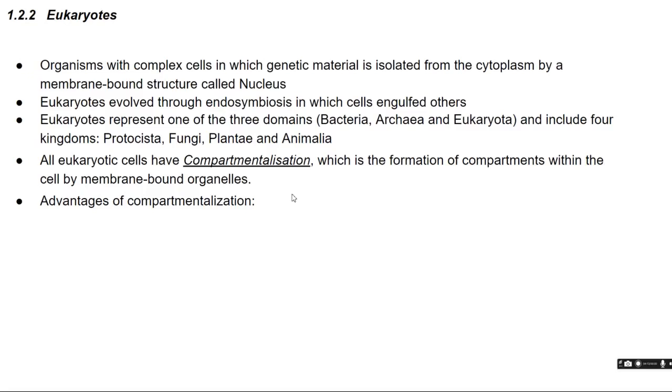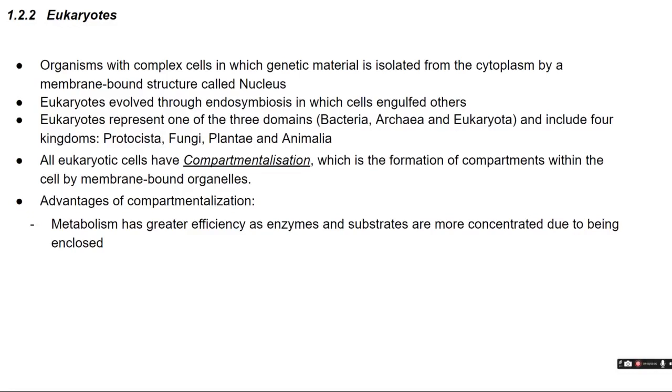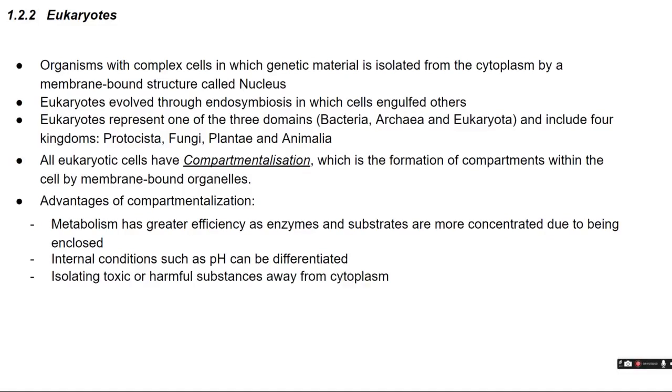So you're going to have to know the definition of compartmentalization as well as its advantages. The first advantage is that metabolism has a greater efficiency, since enzymes and substrates are more concentrated in an enclosed area. The second advantage is that the internal conditions, such as temperature and pH, can be different for each specific organelle.